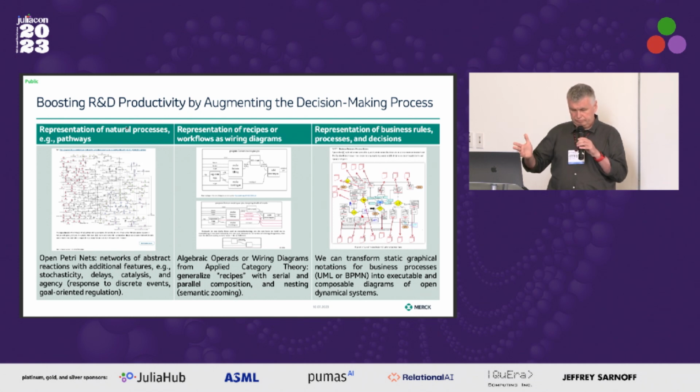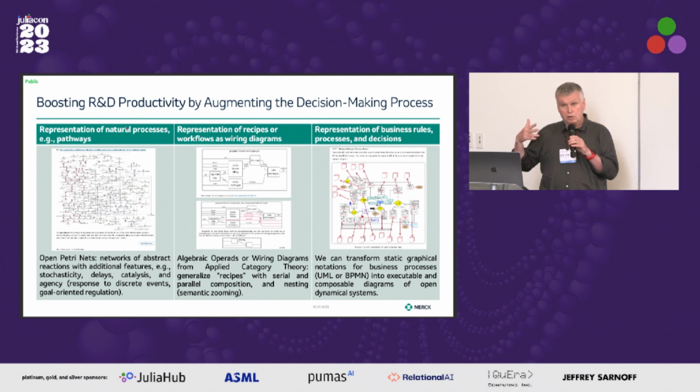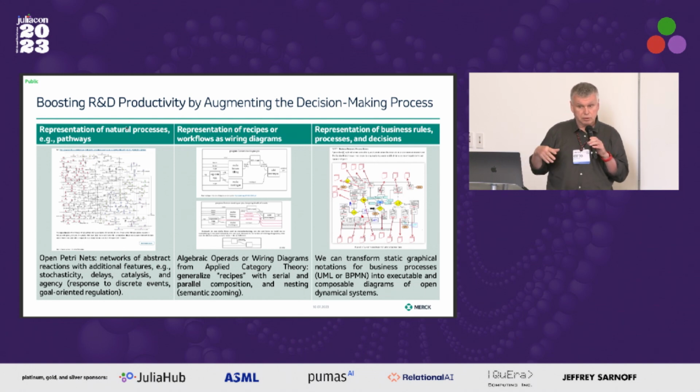So that would be chemical reactions or generalized chemical reactions as Petri nets, and notably open Petri nets, but we also extend them. We allow for non-integer coefficients. We allow for delays. We allow for capacity constraints on the transitions, callbacks, of course.